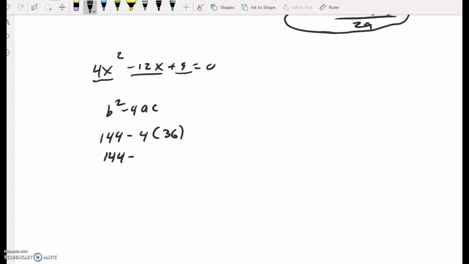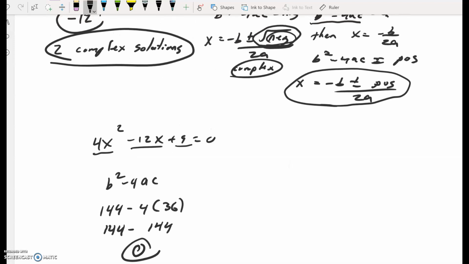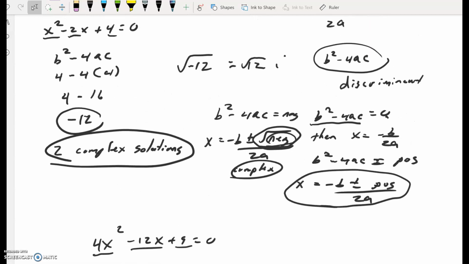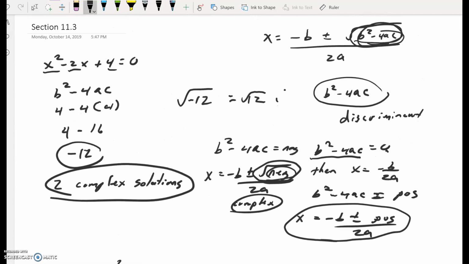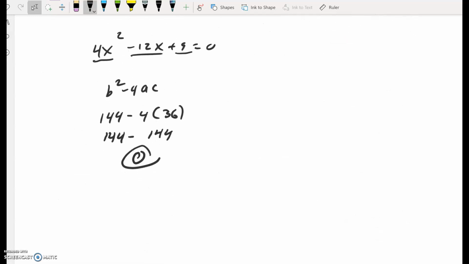That's 144 minus 144, so the discriminant's 0. That means inside here we have 0, which means x equals the opposite of b over 2a, so there's just one solution, and it's a real number. It's not some sort of weird complex number. So one real solution.